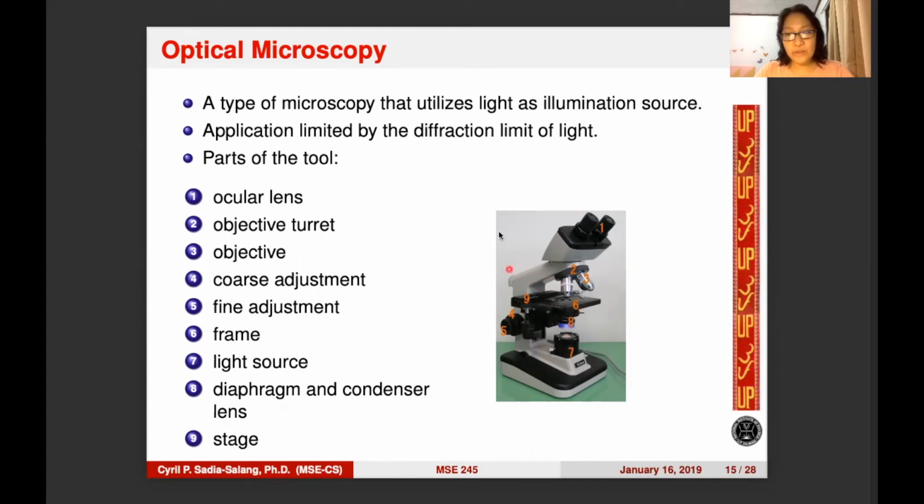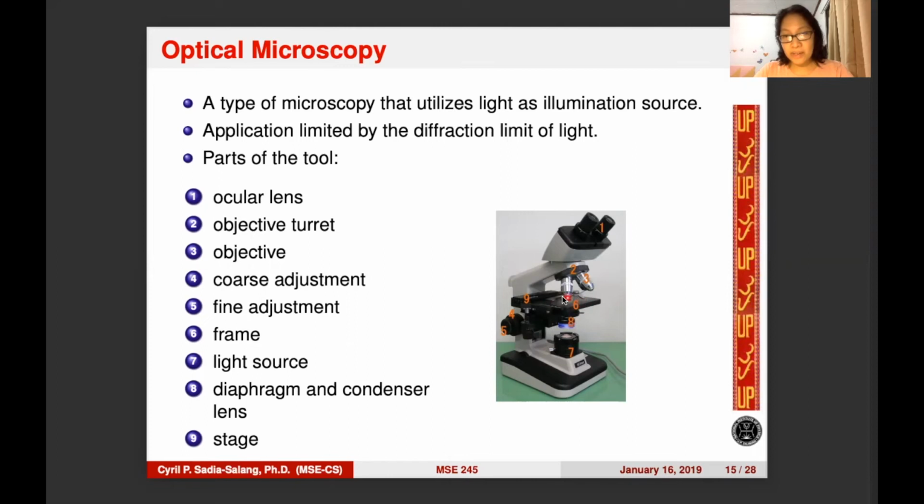So again, we use the photons to illuminate the sample. And then we have the condenser lens. Here it's number 8. The condenser lens gathers light from the light source and concentrates it into a cone of light that illuminates the specimen.